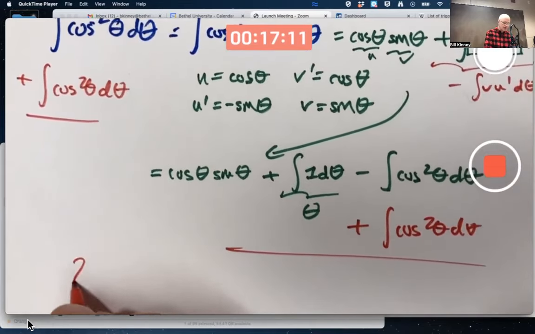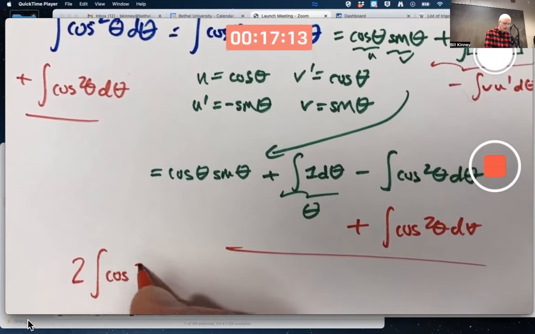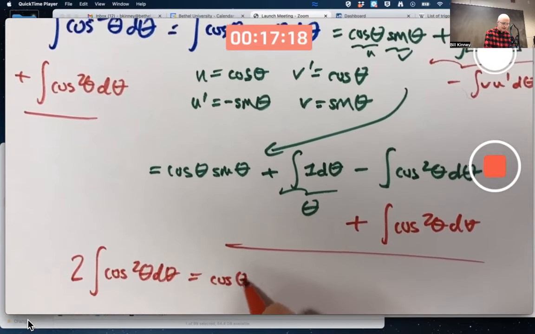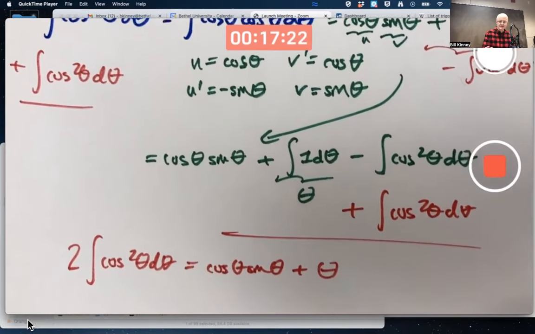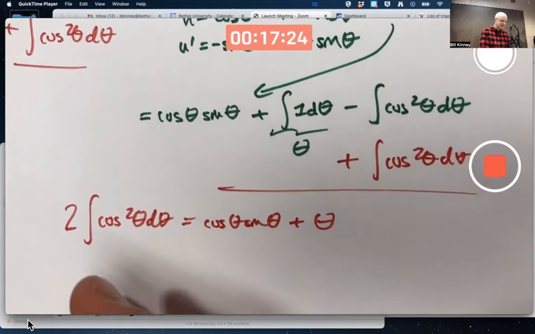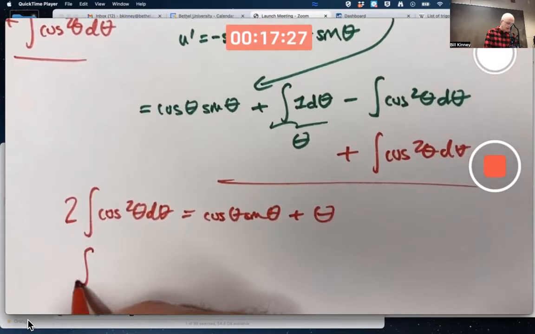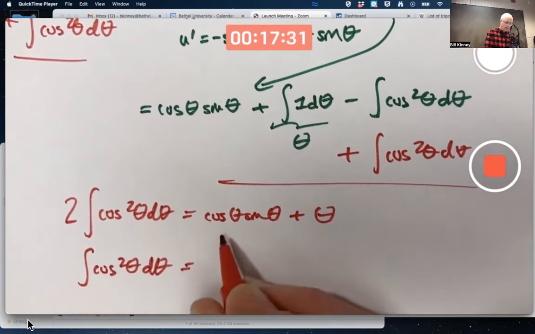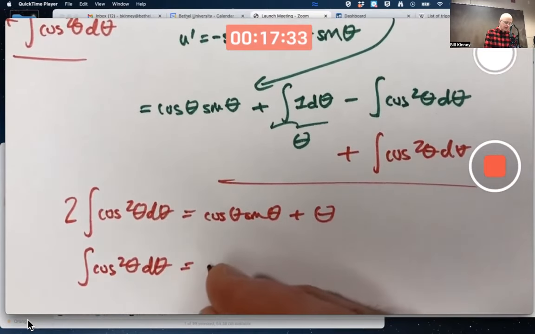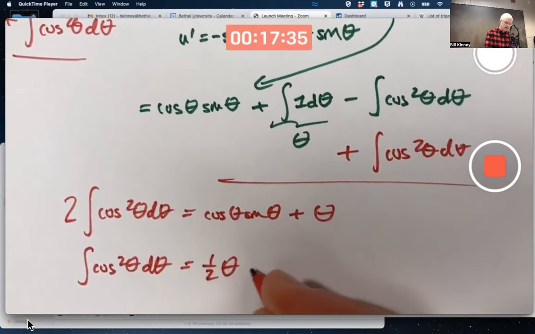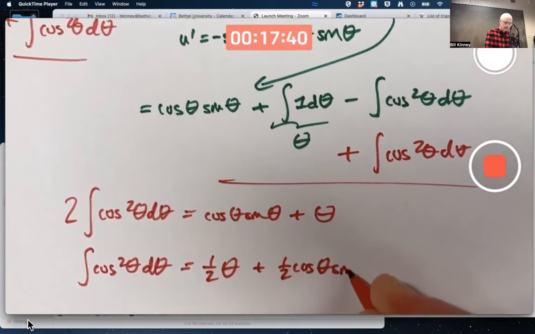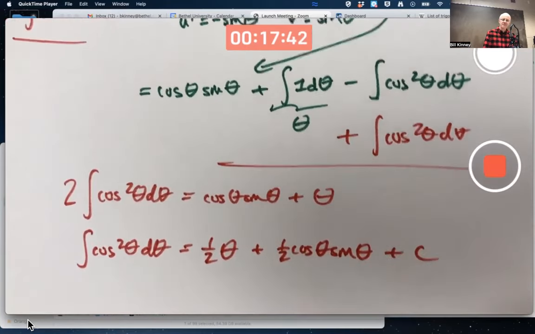So I get 2 times the integral I want to know equals cos theta sine theta plus theta plus c, but I'll just put the c on at the end. So the integral I want to know, integral of cos squared theta, is 1/2 of this plus c. I'm going to write the theta part first. 1/2 theta plus 1/2 cos theta sine theta plus c.